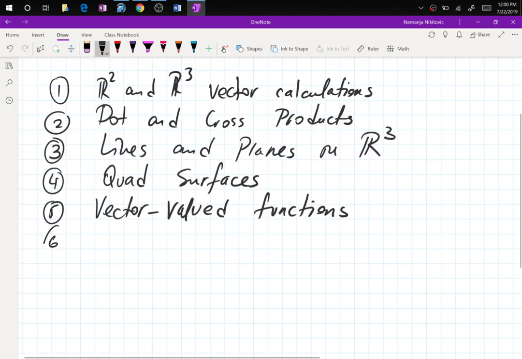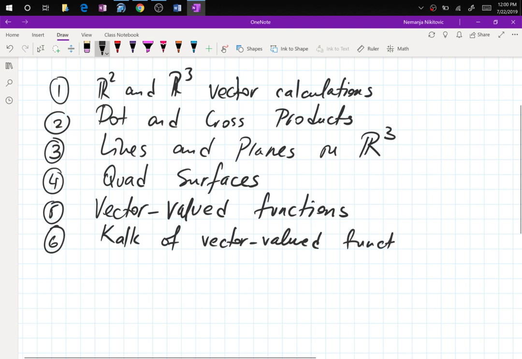Number 6, calculus with K's. Calculus of vector valued functions. By the way, this is my trademark to write calculus with K's. You will always recognize my notes, right? If you see calculus spelled with K's, that's my trademark. So we have the vector valued functions, and then finally, number 7, motion in space, which is the vector valued functions again.